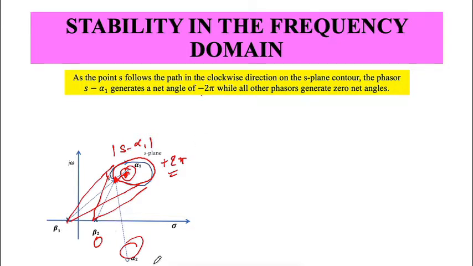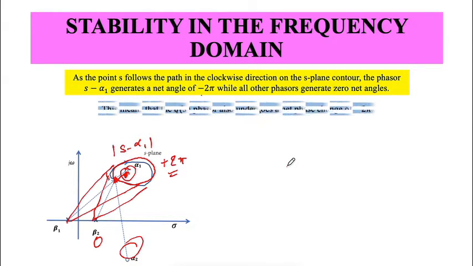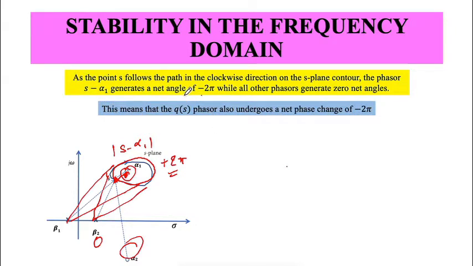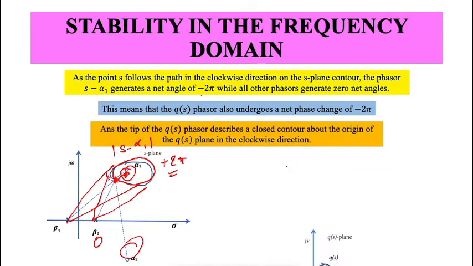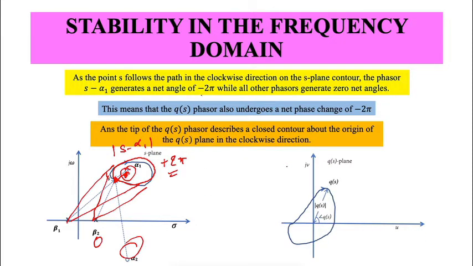Carefully we go to the next statement. What does this mean? That the Q(S) phasor should also undergo a net phase change of 2 pi. So it is something like this: if I take a Q(S) here, and I know Q maps the S plane to the Q(S) plane.